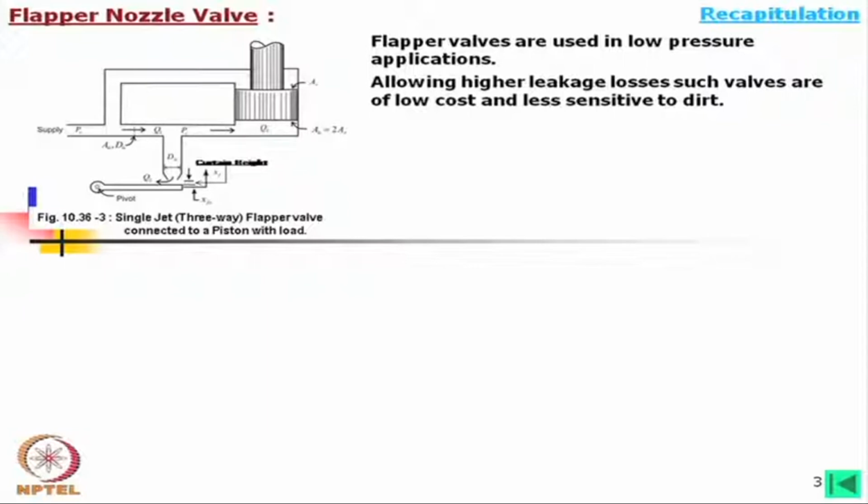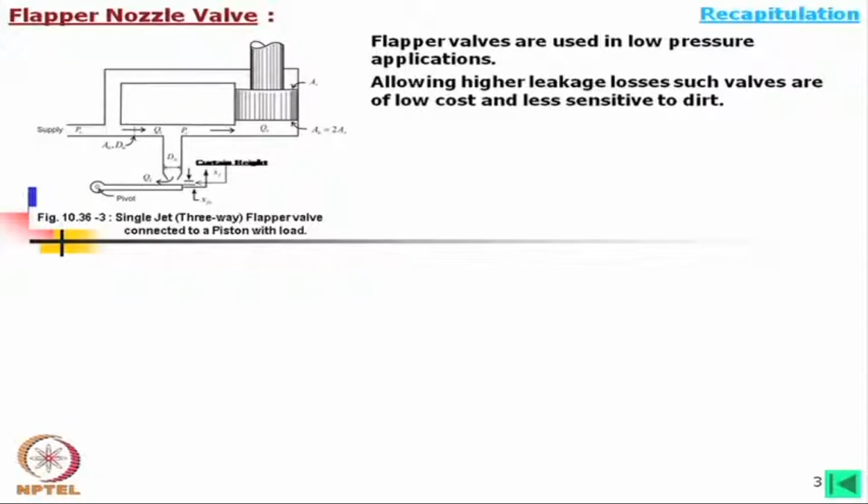On the other hand, there is also research that if we allow this dirt to go with the flow, and it can easily go through this leakage path, then it is seen that instead of a spool valve, if we use this flapper nozzle valve, where this opening is relatively larger, the particle can go out directly, and it does not stop the machine, at least the function, although there will be some disturbance.